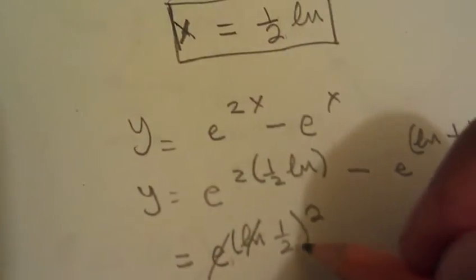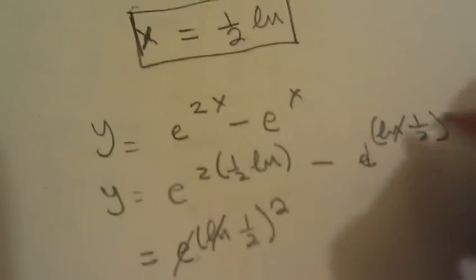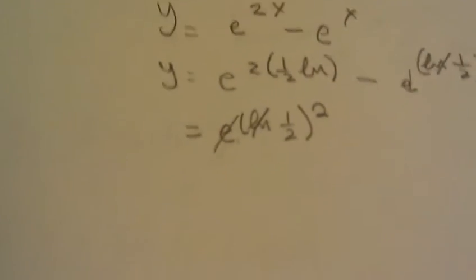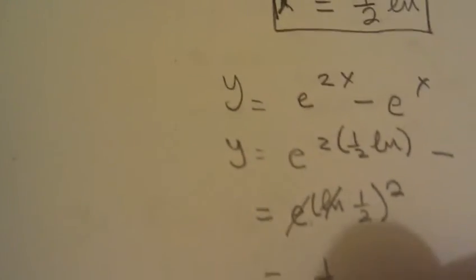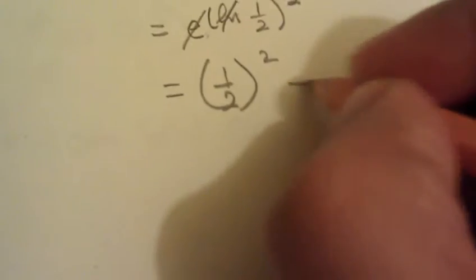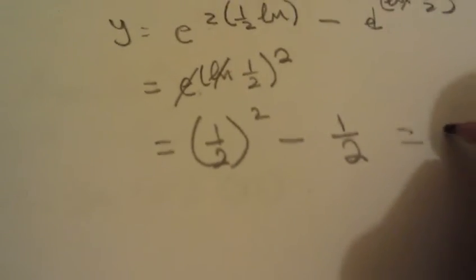Again we cancel these out because they're inverses of each other, and that leaves you with 1. And so what you have here is 1/2 squared minus 1/2, and we are pretty much done here. So just do this and you're going to get -1/4, and that's your answer. That's what y is.